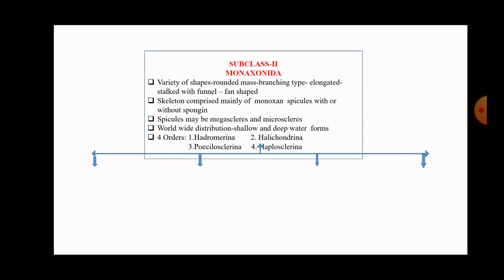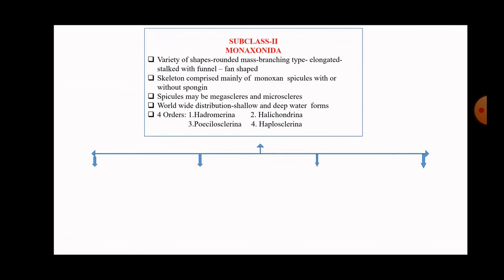Let us see the subclass 2 Monaxonida. They are variously shaped animals. Some are round, some look like a mass, some are branching type, some are elongated, some are stalked with a funnel, some are fan shaped. In the subclass 2 Monaxonida, the skeleton comprises mainly monaxon spicules with or without spongin.